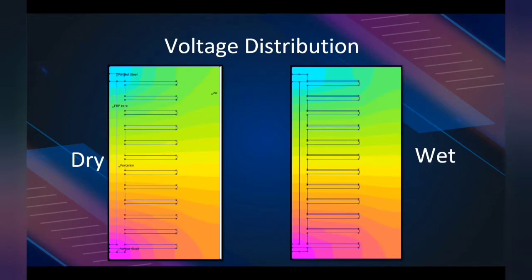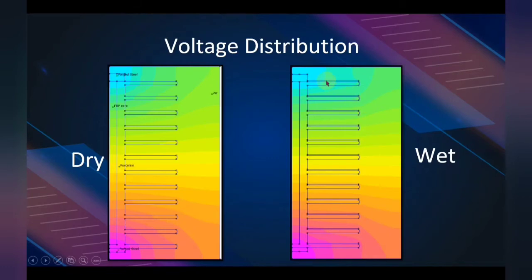You can see this is the voltage distribution for the two simulations we conducted, that is dry and wet. The dry looks normal, and for the wet we have added one layer on each of the sheds.